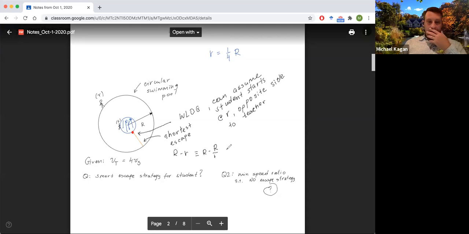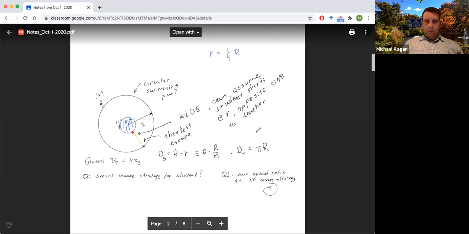So this is the path length for the student. Then the idea is that this is the distance for the student, and the distance for the teacher to here is along the circle, half of the circumference. That is pi r.